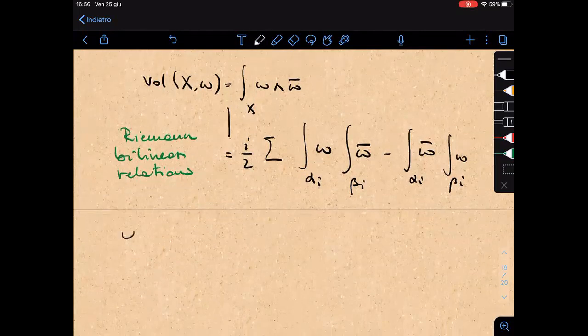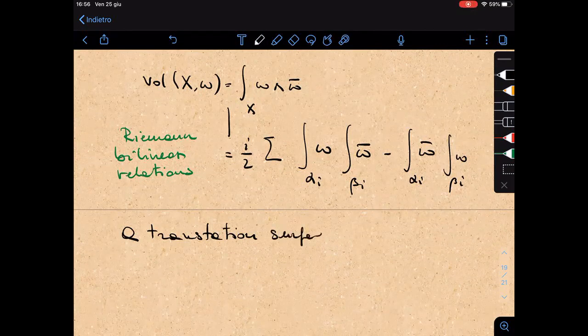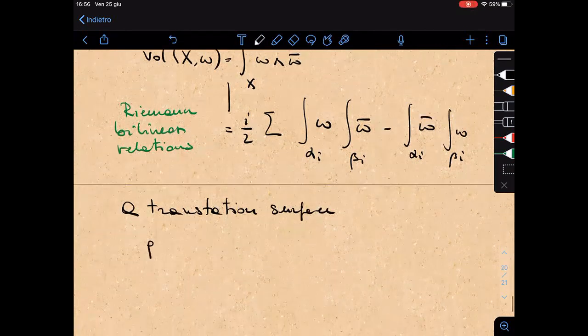Now you know that whenever you have a translation structure, a translation surface, then there is a holonomy representation, say for X, omega.